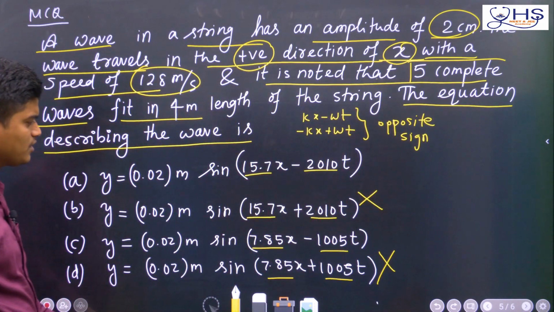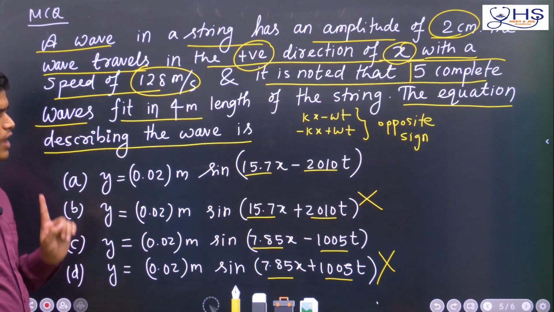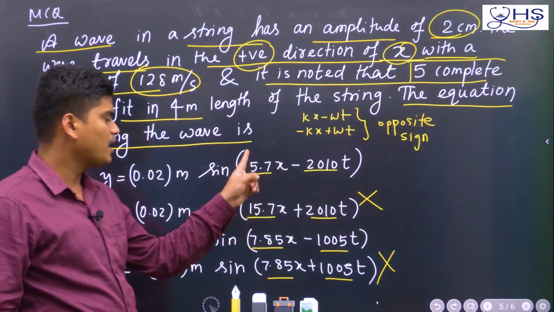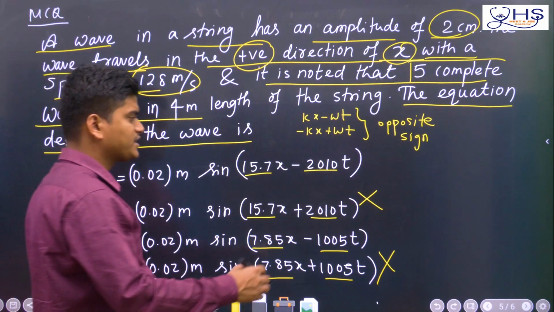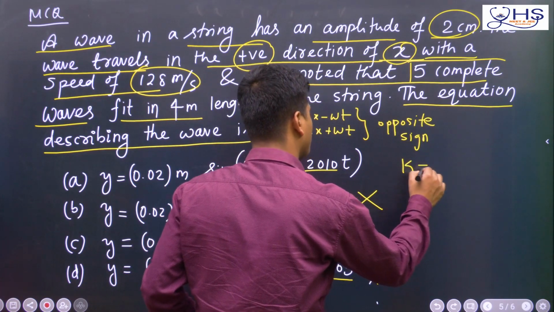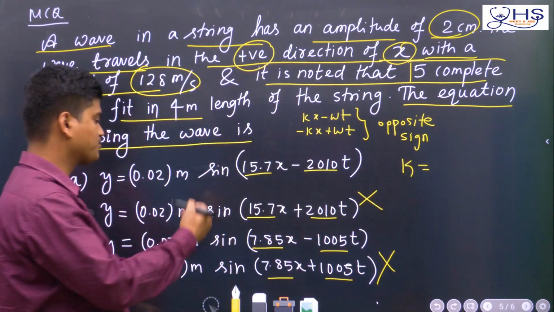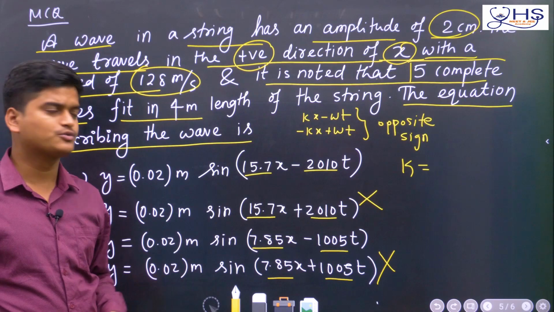Now next thing. Between these two you have to identify, but here omega and k values are different. So we need to find either k value or omega value. So first, let's check with k, if any answer is matching here then that option will be correct, so no need to go for omega also.